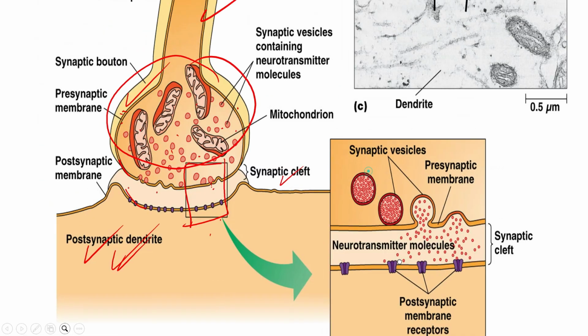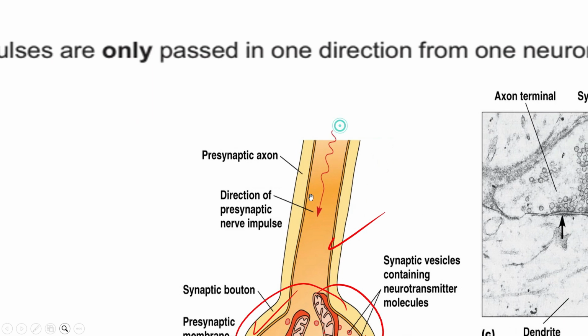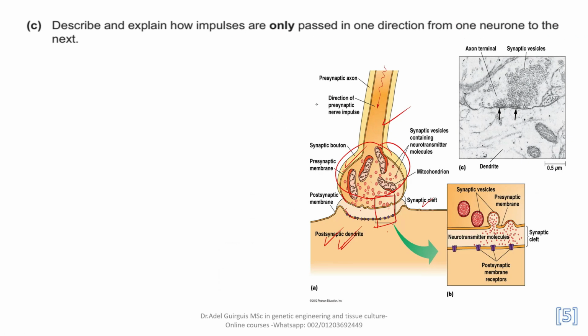Okay, returning to the question, how are impulses only passed in one direction from one neuron to the next? We find certain important hints here by electron microscope. This part is where vesicles are found, and the second part, in between the two tiny lines, is the gap or synaptic cleft.